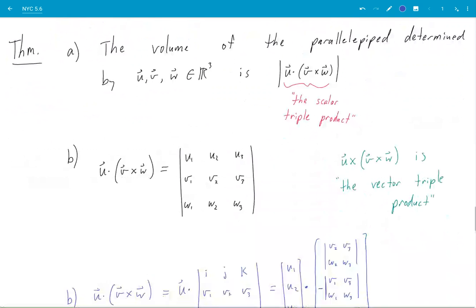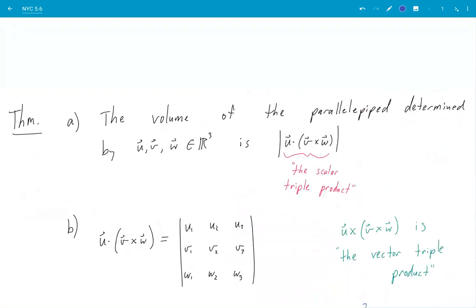Oh, big gap. Okay. Pause and copy this theorem. Let's see. What should I say? Now, we've already found the volume of a parallelepiped, which is determined by u, v, and w.